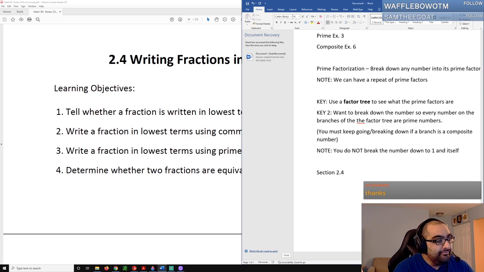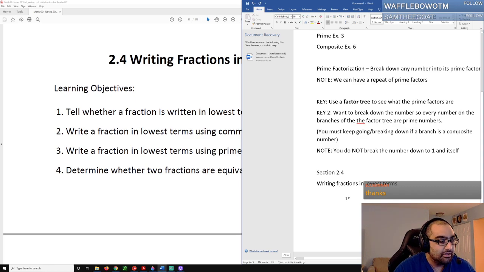All right. So we're writing fractions in lowest terms. Now, what does writing fractions in lowest terms mean? Let's talk about what that means, because it's not exactly what you're thinking. If you remember, in a fraction we have a numerator and denominator, the top and the bottom.